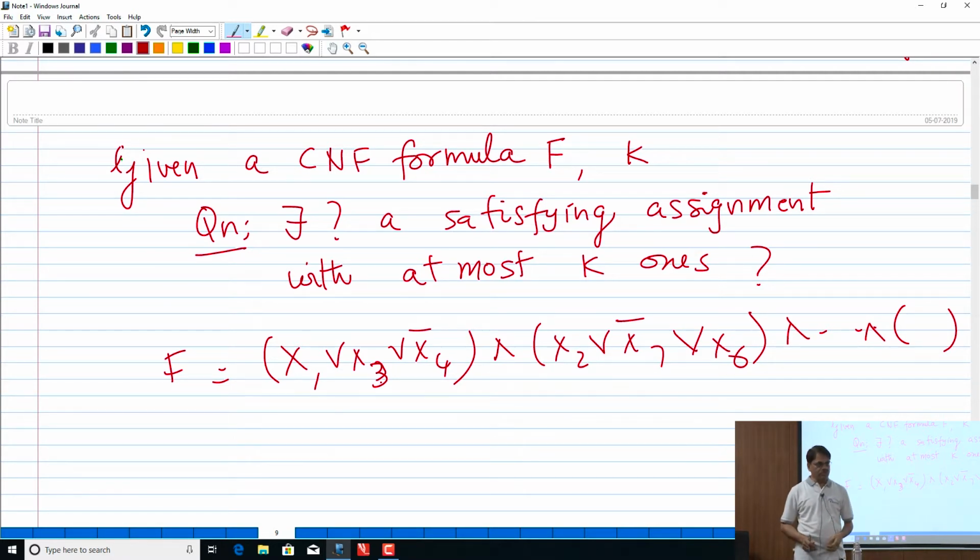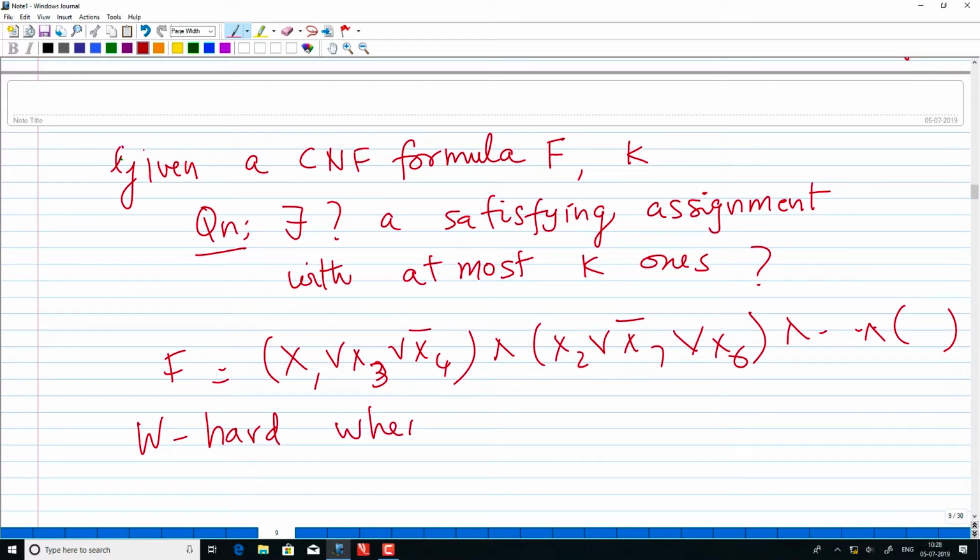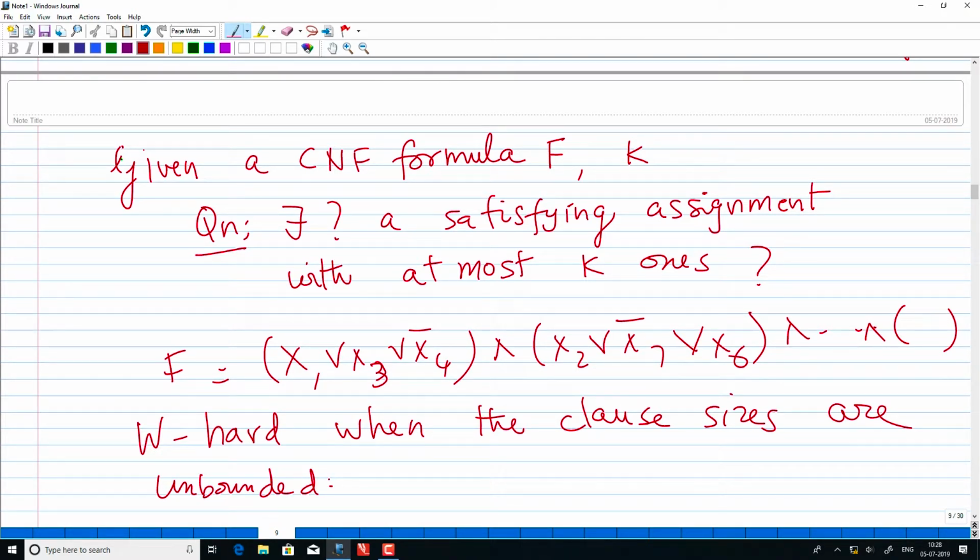When the clause sizes are unbounded, I want to show it is W-hard.